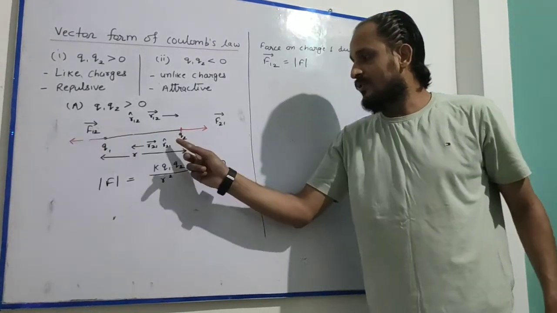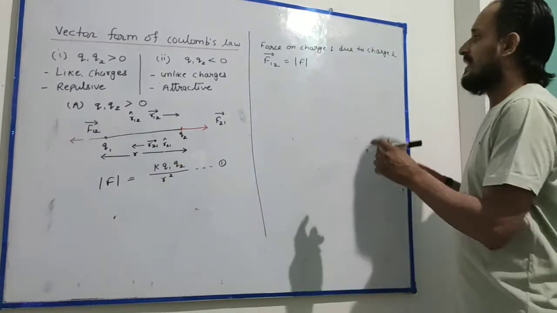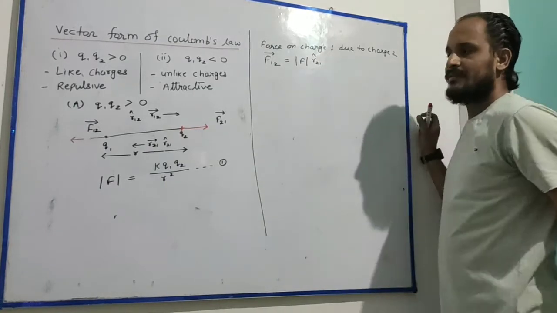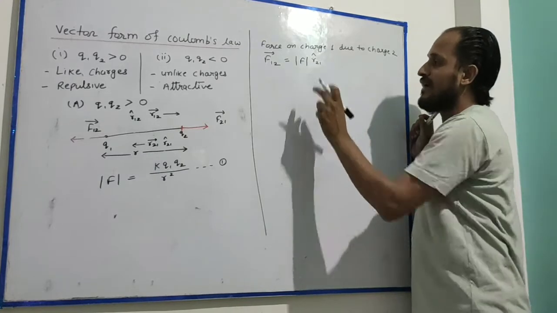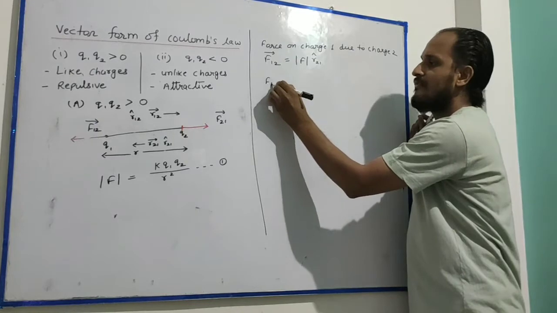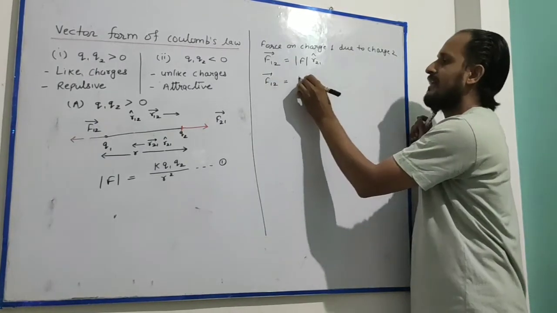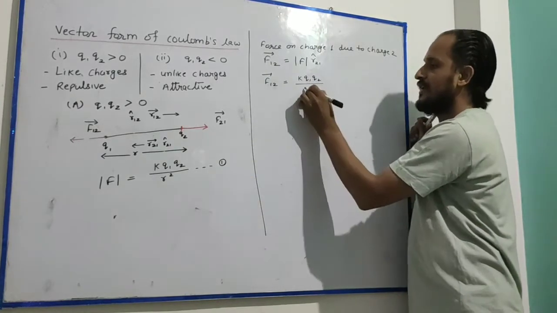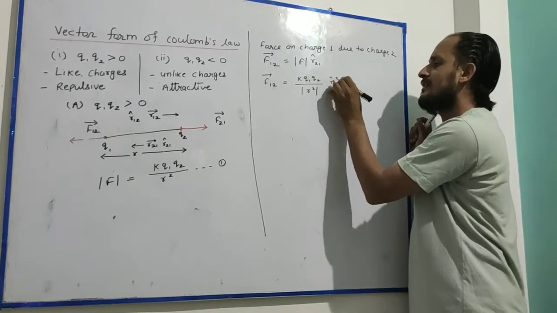Towards left, the unit vector acting is R21 cap. So here we will write R21 cap. Now we'll put magnitude of force F. F12 vector is equal to K Q1 Q2 upon magnitude of R square, R21 cap.